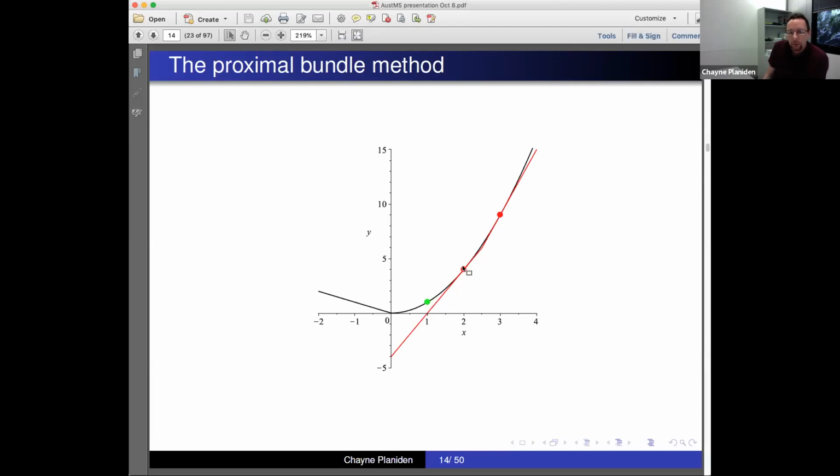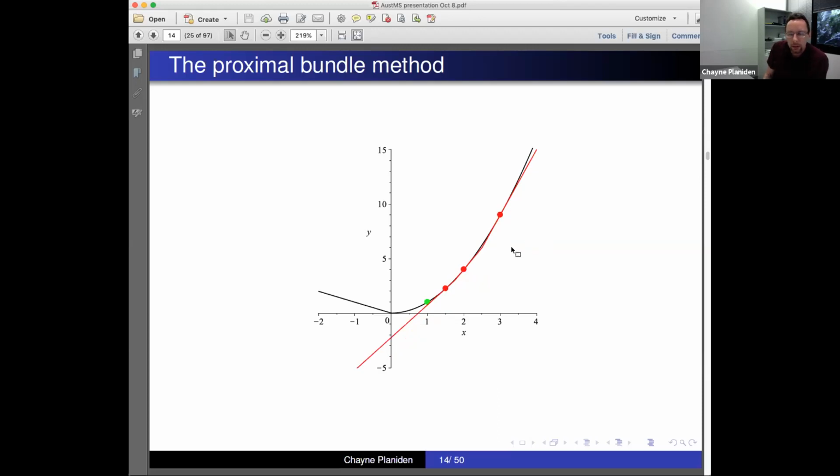Now that you have a new point, you add another piece into your bundle, and now you have a two-piece piecewise linear function that is your model. It's a little bit better model than before. So now we find the prox point of this model function, and we get a third point. We use that to improve our model again. Now we have three different linear pieces, and so on.